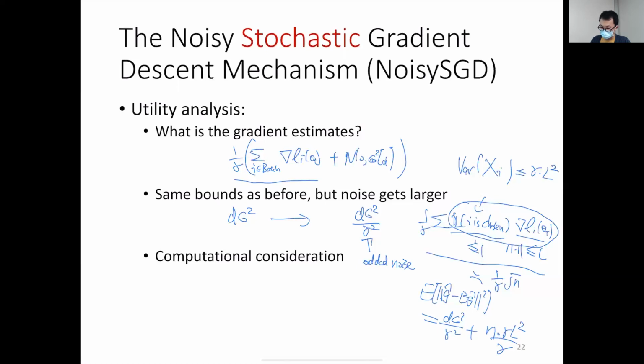And this over gamma is coming from this multiplicative factor. But since we're multiplying this to the variance, we need to square this, and then these two got canceled out. Then what we get, the total variance is d sigma square over gamma square plus n L square over gamma rather than over gamma square.